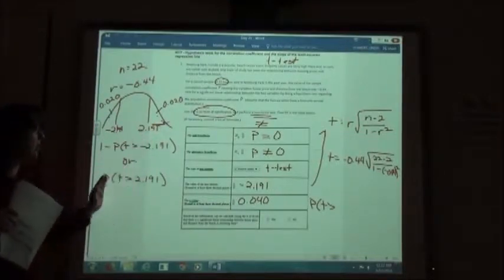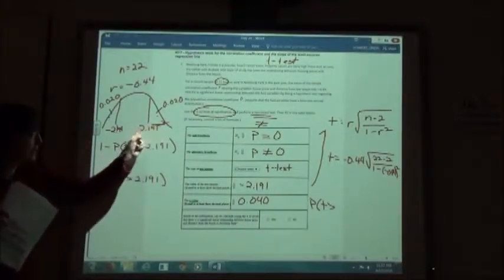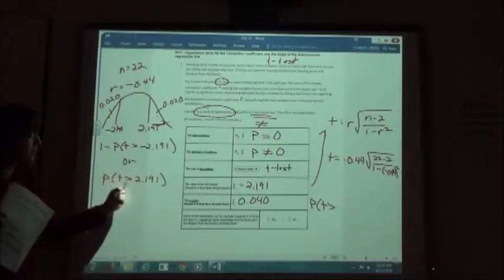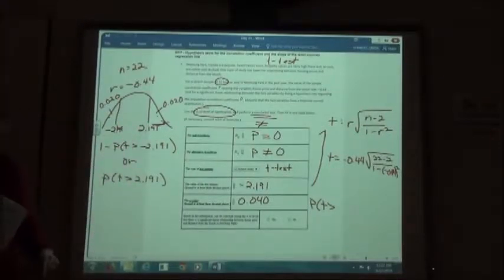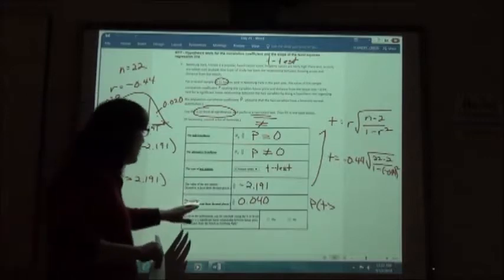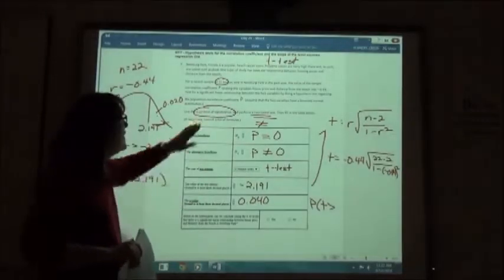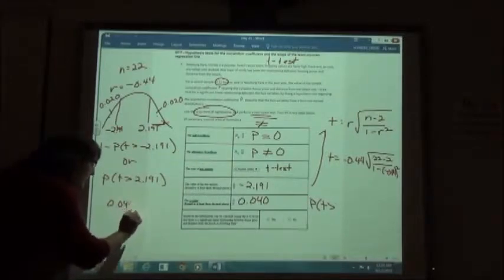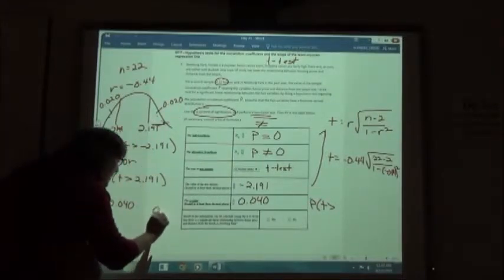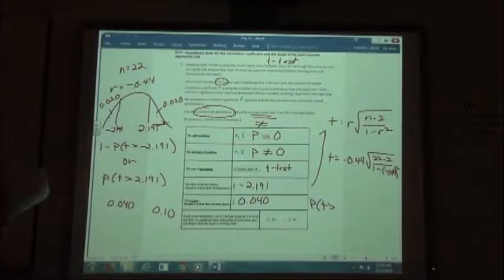We're calculating our p-value to the right. So if you have the positive number, you just have that. If you have the negative, you've got to do 1 minus. All right, so a couple ways you could get that number. Now I'm going to compare my p-value to my level of significance. Is 4% greater than or less than 10%?